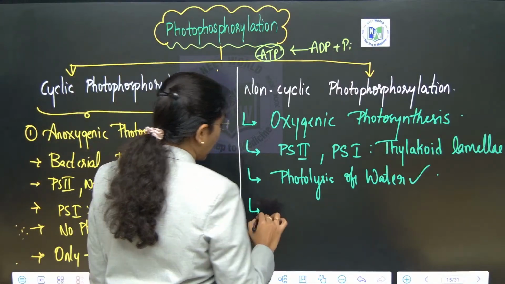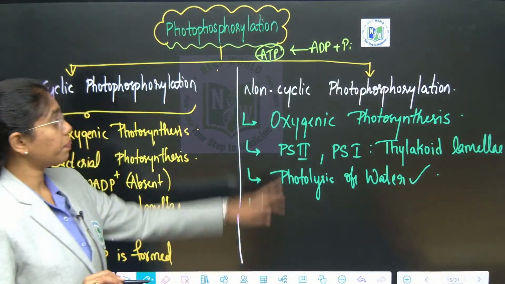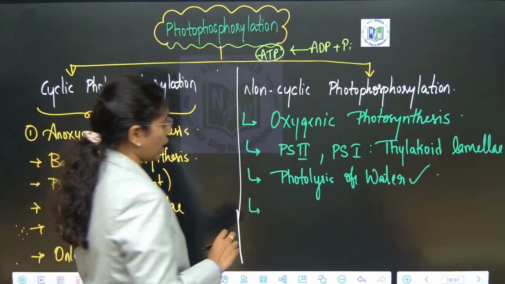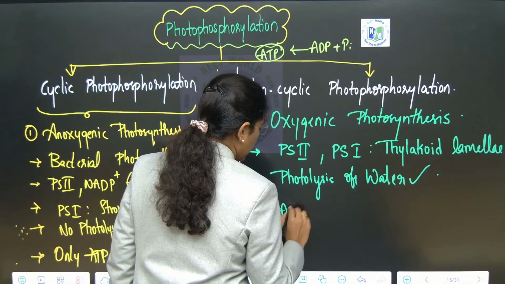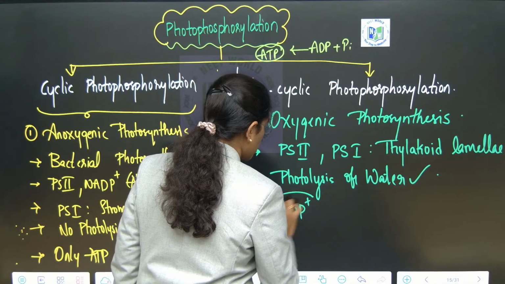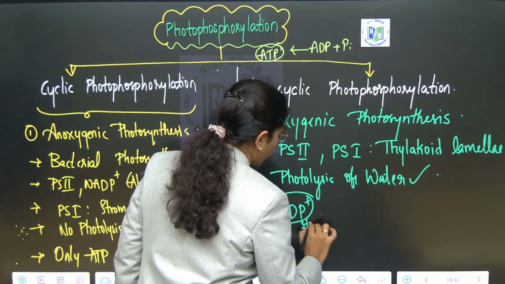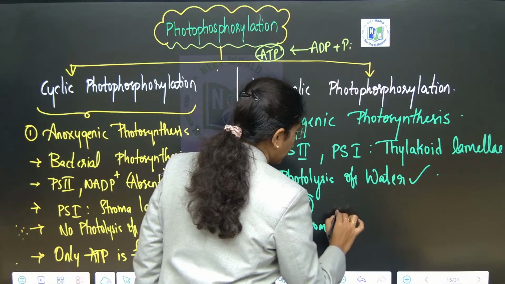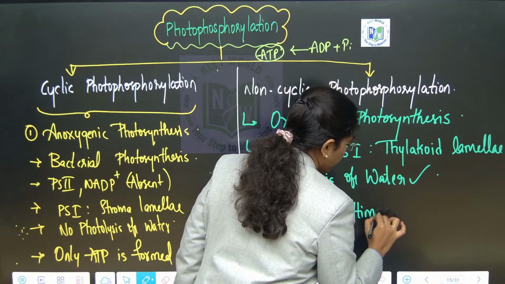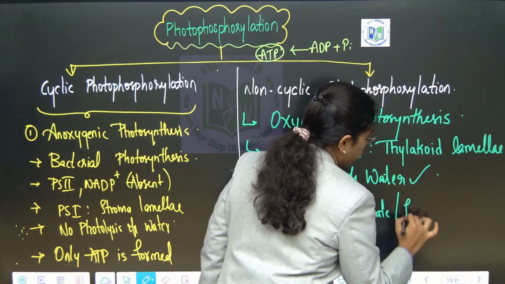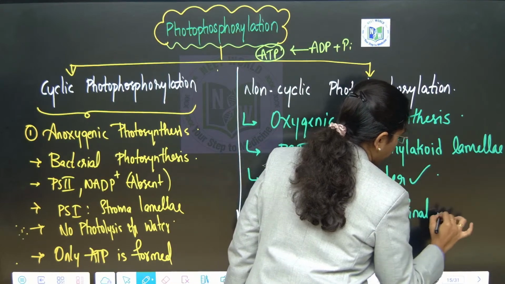And here the ultimate electron acceptor in non-cyclic photophosphorylation is NADP plus, which is situated in the stroma, the ultimate or final electron acceptor.